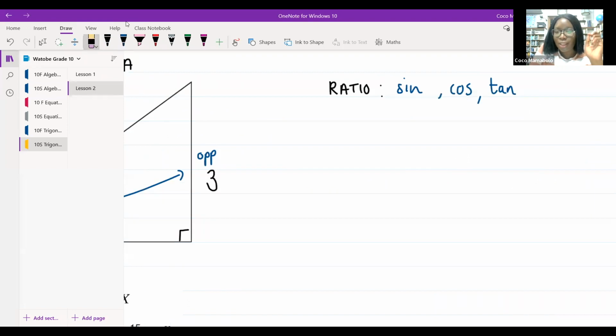But if I want my angle, my theta, what do I need to do? I need to shift angle. I shift sine, shift cos, shift tan to find my angle.